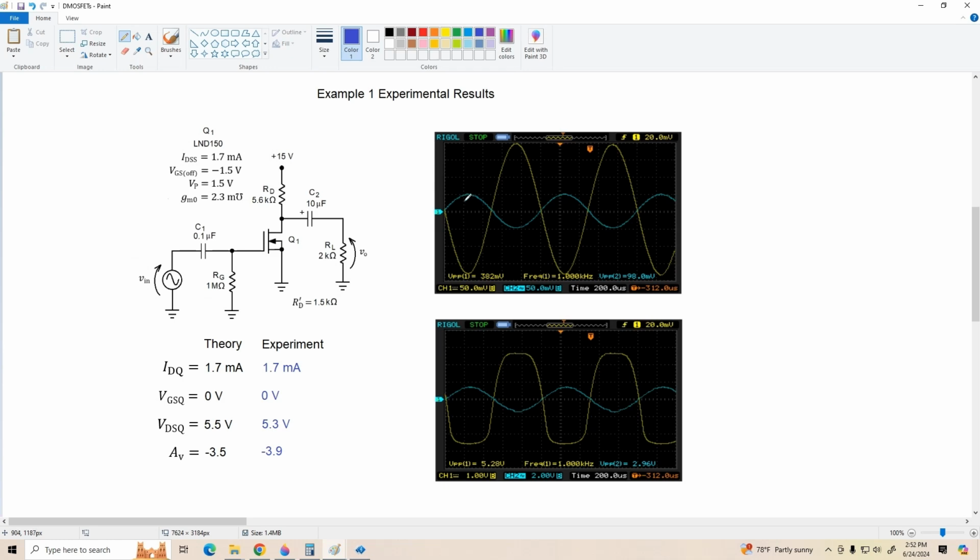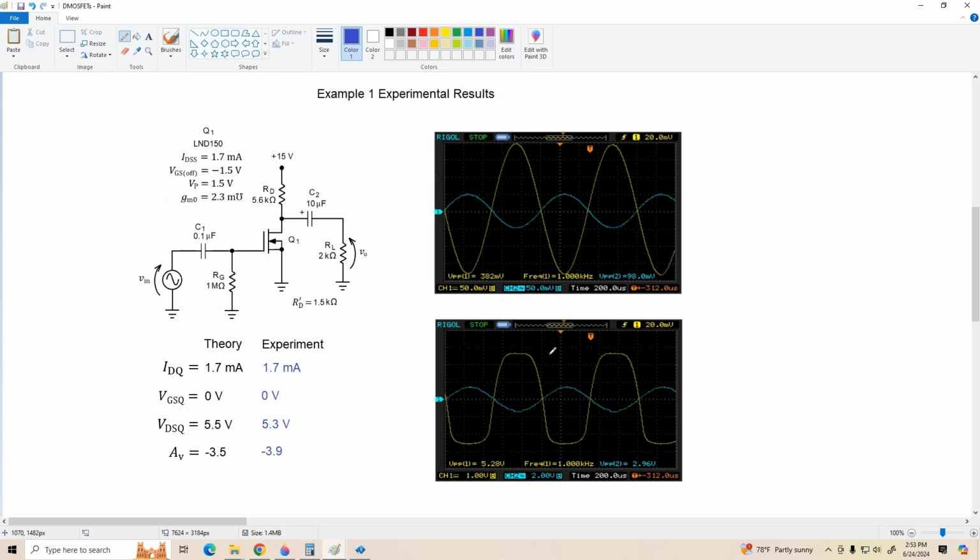As we can see from the scope capture here, my input voltage was roughly 100 millivolts peak to peak, and that produced an output of about 382 millivolts peak to peak. And it appears pretty clean, not much distortion. I turned the input up to about 3 volts peak to peak just to send it into clipping, and we have an output of about 5.3 volts peak to peak.